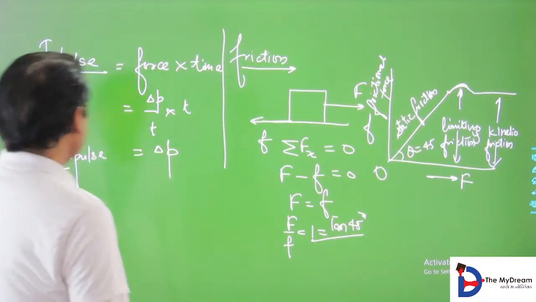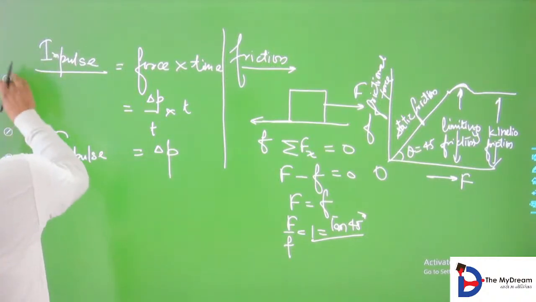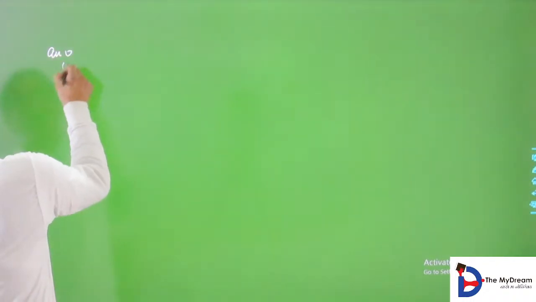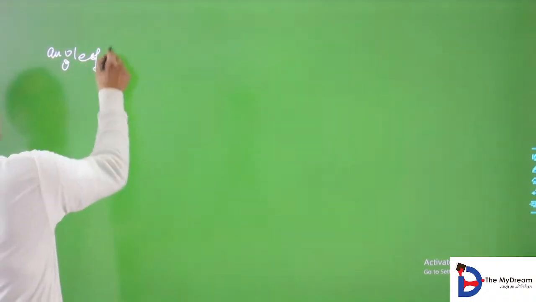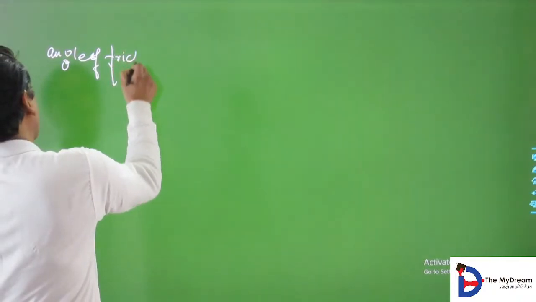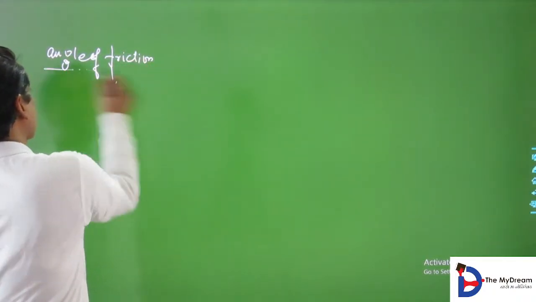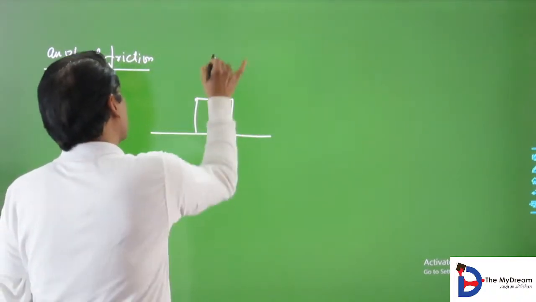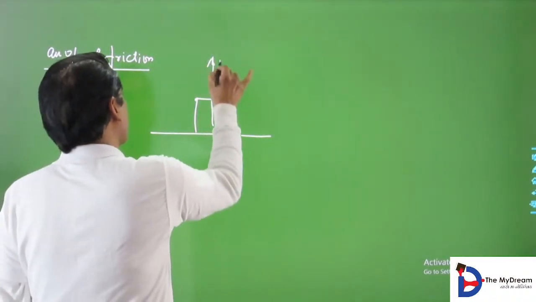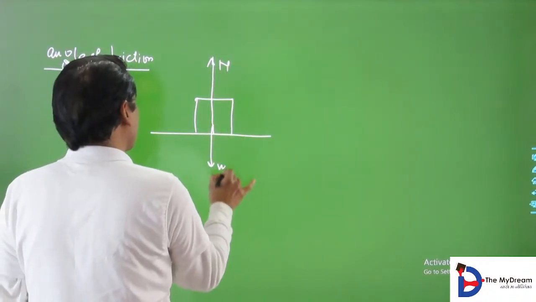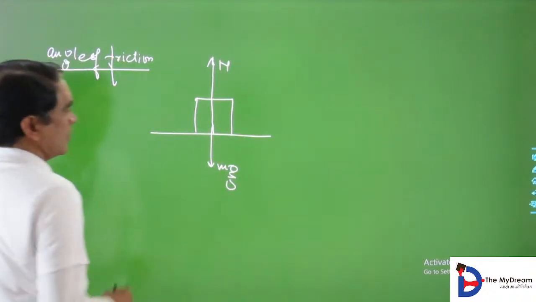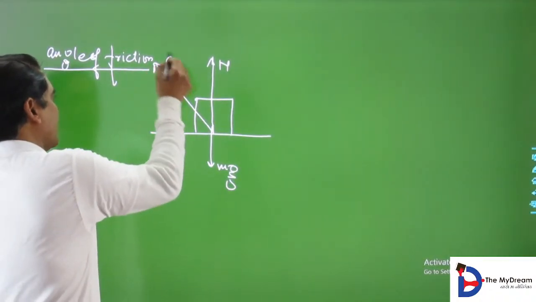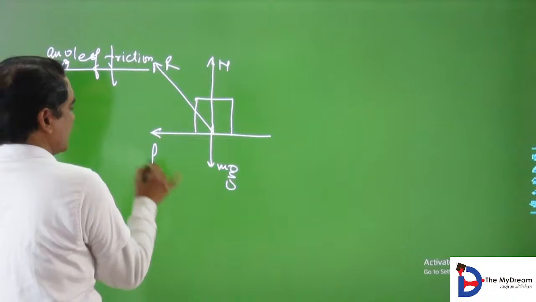Now we are talking about angle of friction. This is a horizontal surface you are applying, this one is the normal and this is the weight, and this is the resulting force, and this is frictional.